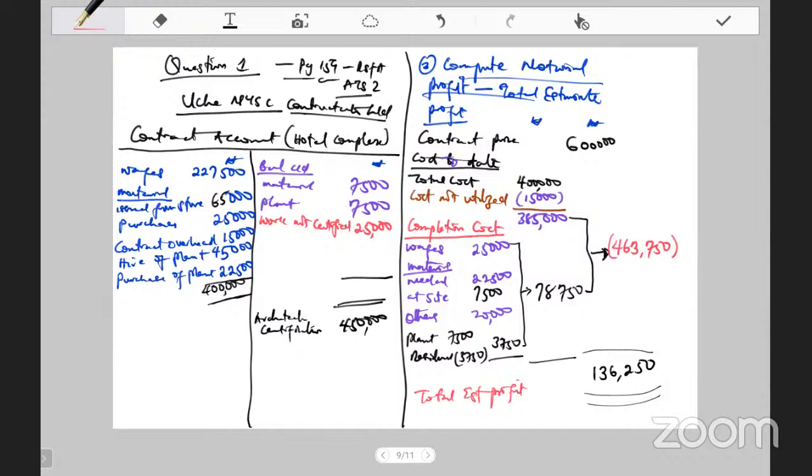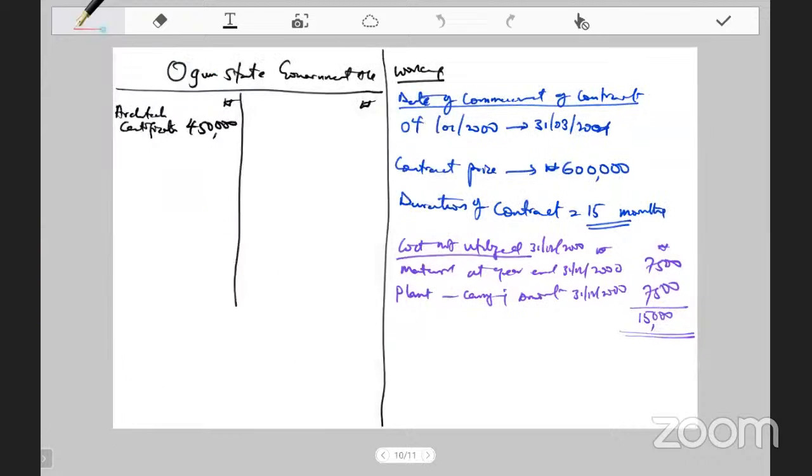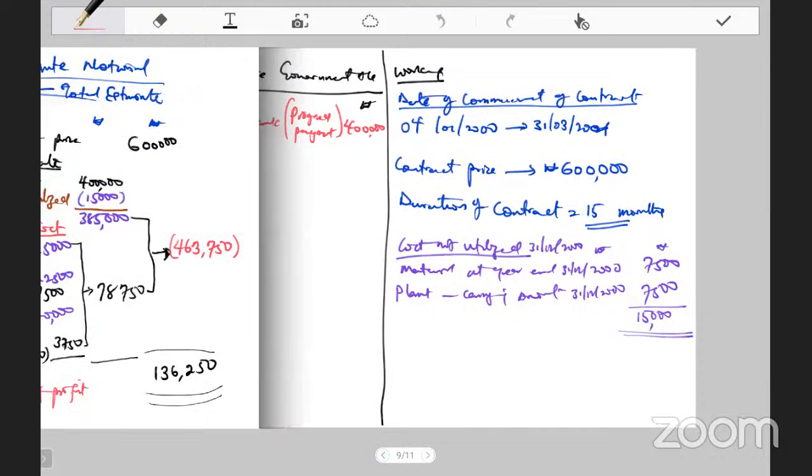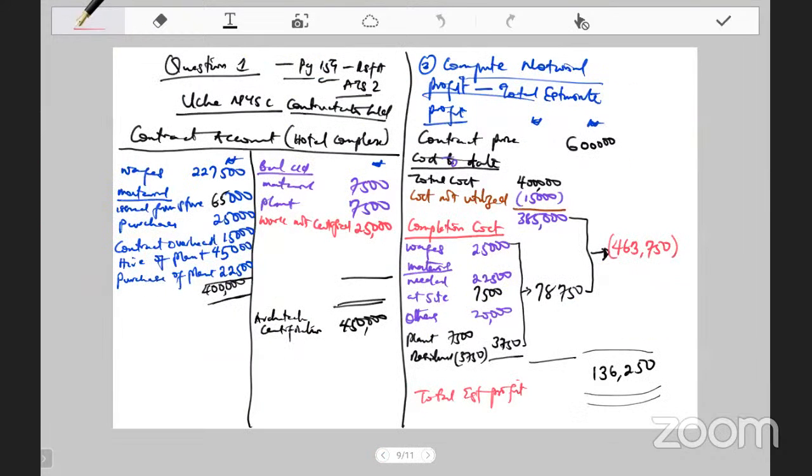Total amount received by the contractor from the contract, which is bank, and which we refer to as progress payment, is how much? 400,000. So any other information? None. So we can now wrap up our account.